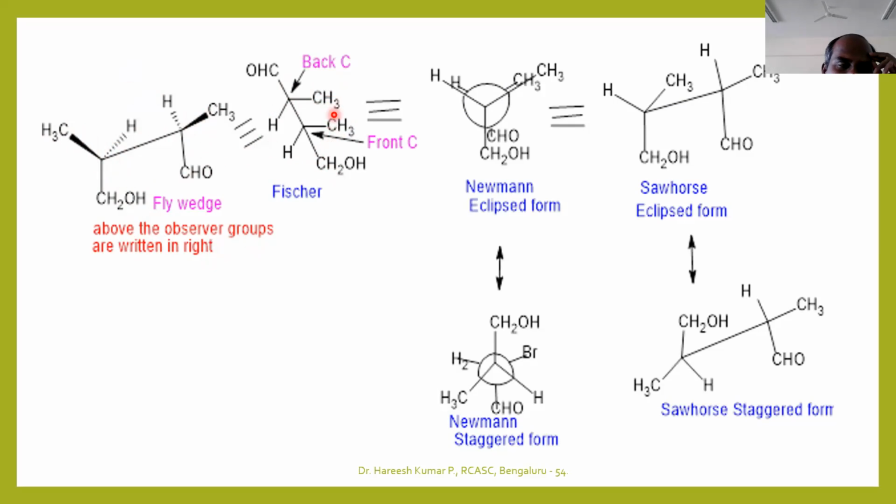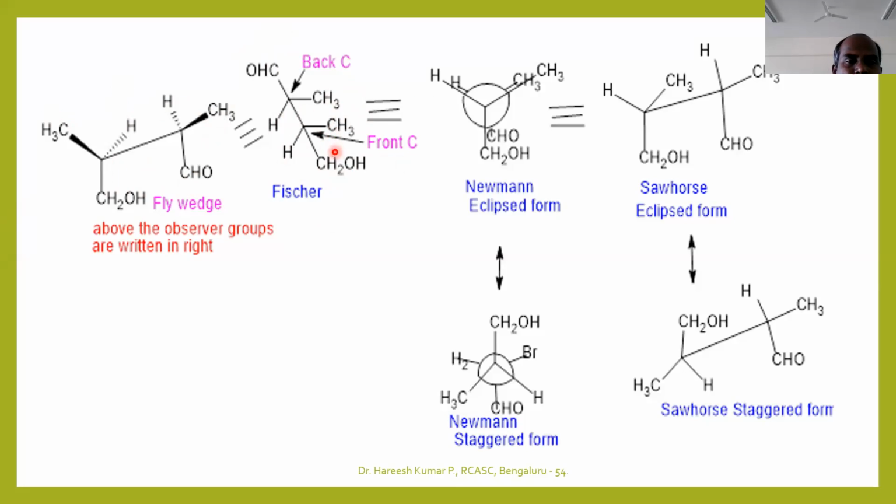That is the rule you need to remember. Once you have written the wedged group on the right hand side, the remaining you can write easily. The CH2OH here, CHO is this, and both the hydrogens are on the left hand side. This is how you can convert a fly-wedged structure into a Fischer projection formula.